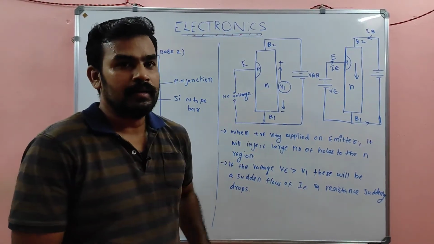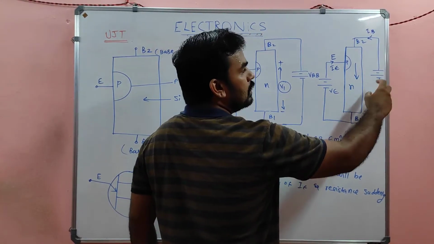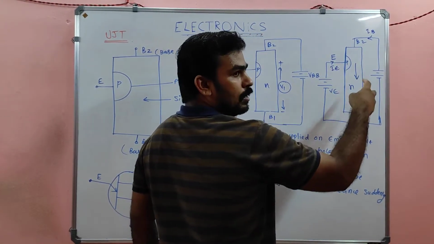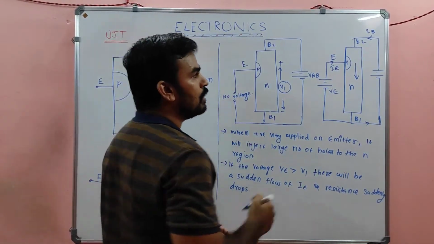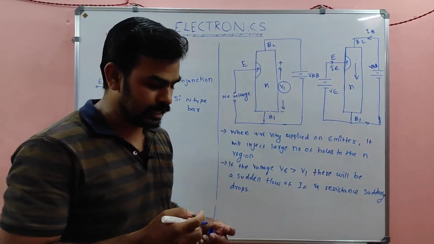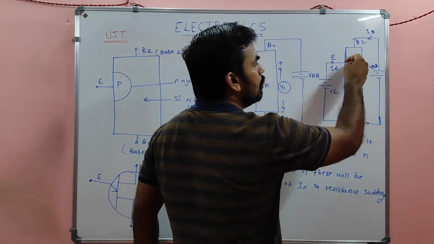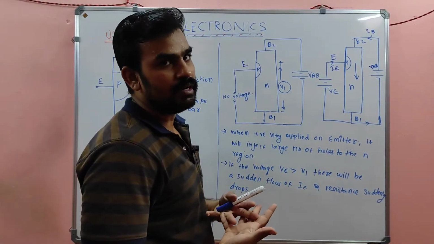If V is greater than V1, what happened? The forward biasing will overcome the reverse biasing, so more and more holes will be injected. So electron hole combination will take place.